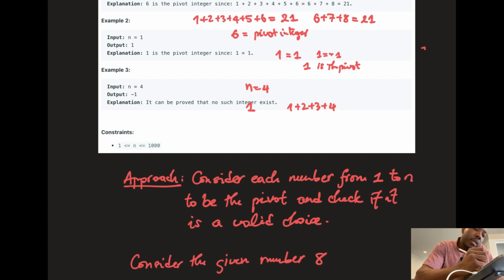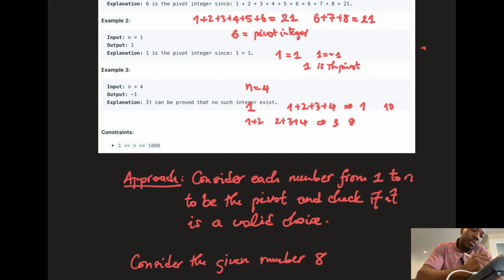If we try 2 as the pivot, then we have 1 plus 2, which is 3, and 2 plus 3 plus 4, which is 9.